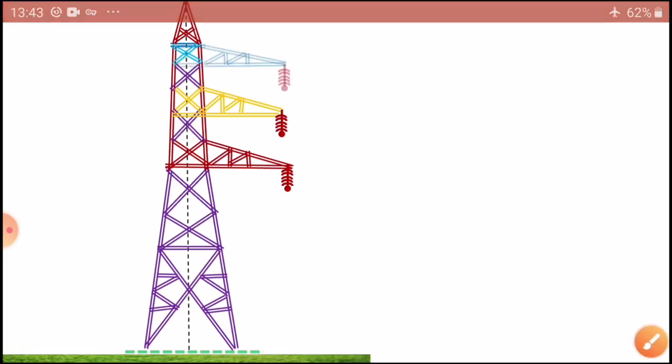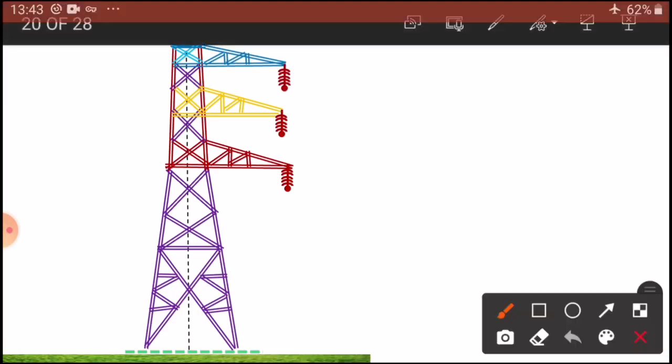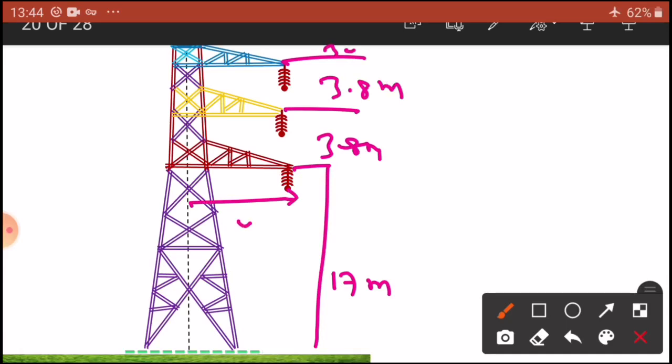What is the length here? 17 meters, from this place 3.8 meters, from this 3.8 meters, then 3.4 meters at the top one. Here this length is 4.15 meters. It's over. This one circuit is completed.